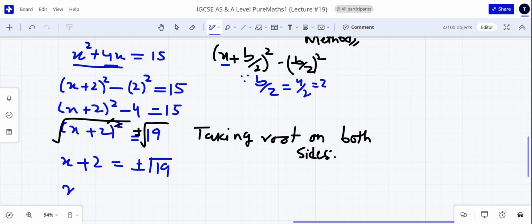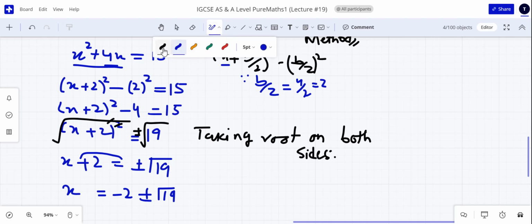Then we will shift the constant value to the other side, and it becomes minus 2 plus minus root 19. When you are moving a positive value from one side of the equal sign to the other side, the positive sign will change into negative, and the same negative will change into positive, multiplication into division, and division into multiplication.